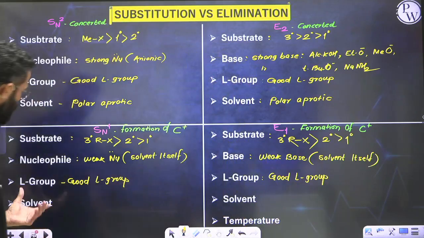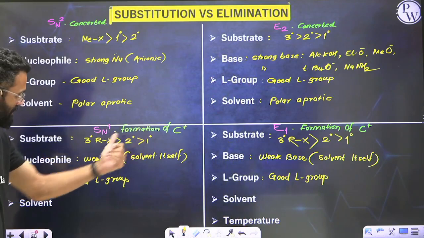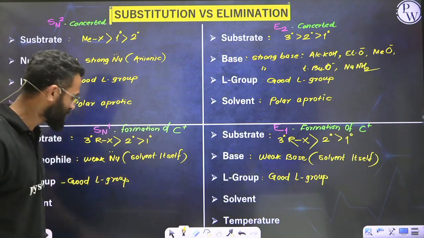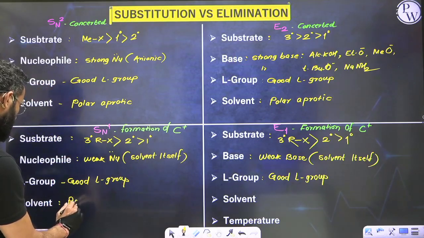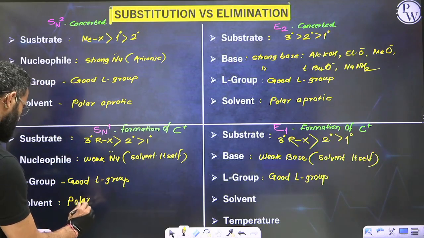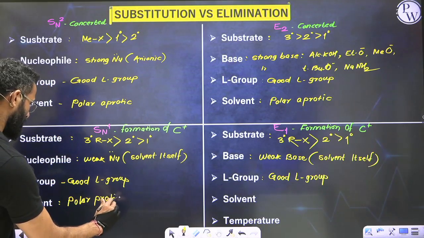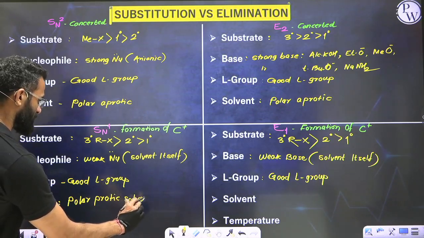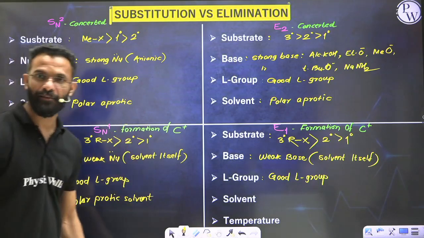Alright, solvent in SN1. There is a formation of a carbocation, so polar protic solvent will favor the formation of the carbocation with its high dielectric constant. So you'll need polar protic solvent. And another important fact about the solvent is, because it is a polar protic solvent, it will also stabilize the carbocation which is formed.